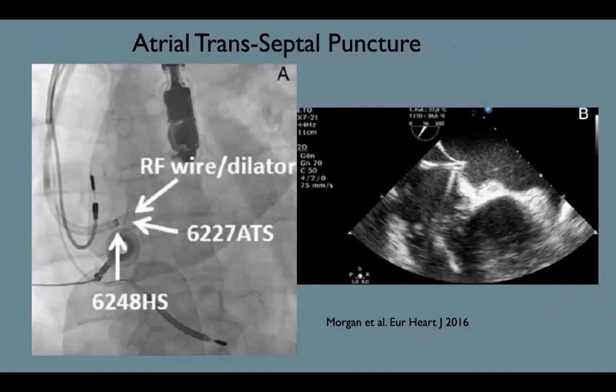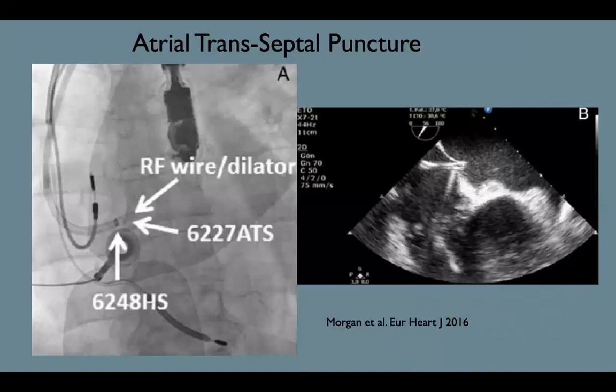You can see in this X-ray diagram the right atrial lead just on the left-hand side there, and that catheter pointing is the catheter that's going to go across the septum with a wire going into the left side of the heart. And you can see that they've used echo to guide them. ICE is commonly used for this procedure to make sure you're not going to injure the aorta, which is right there, essentially, as it is with all trans-septal procedures.